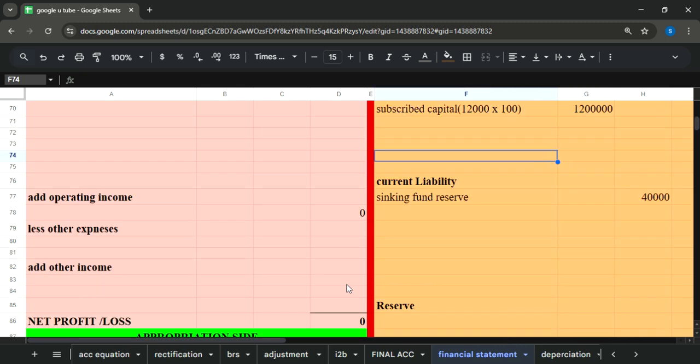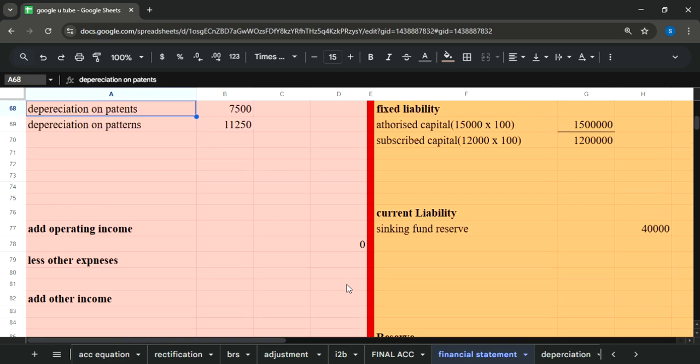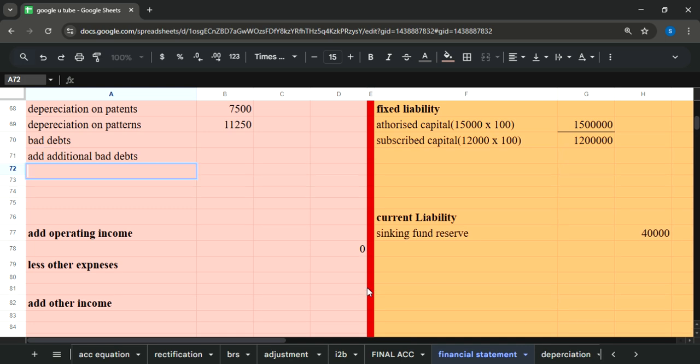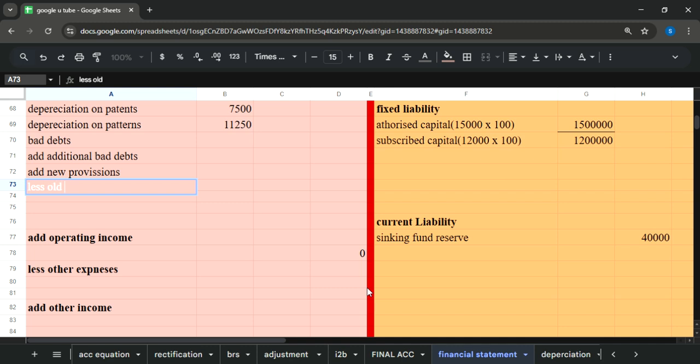And now in operating expenses we will come and we will write bad debts. Then we need to add additional bad debts. Then we need to add the new provision, then less the old provision.